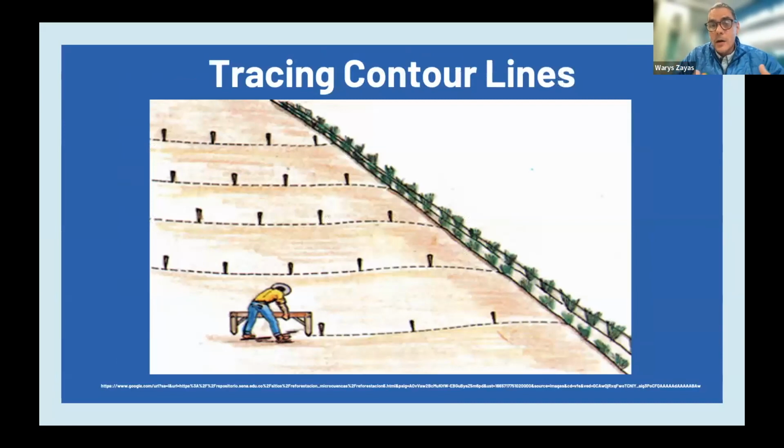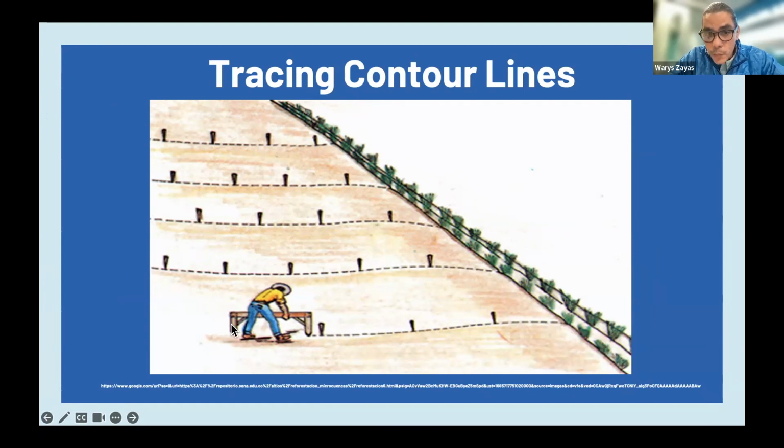At the end of our work, let me add something, right? If the surface and the slope are pretty much the same across the section you are working, sometimes what you want to do is mark one line that serves as a guide line, and then you can align the other points, stakes or flags, or whatever you are using to identify those points, just by using this line as a reference.